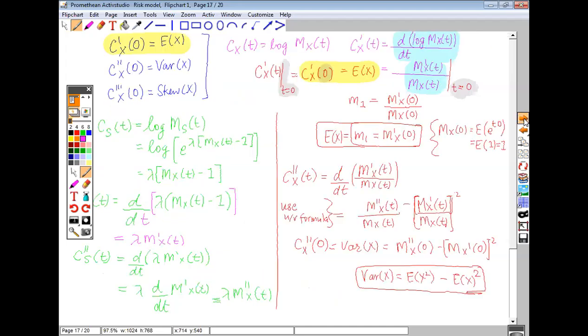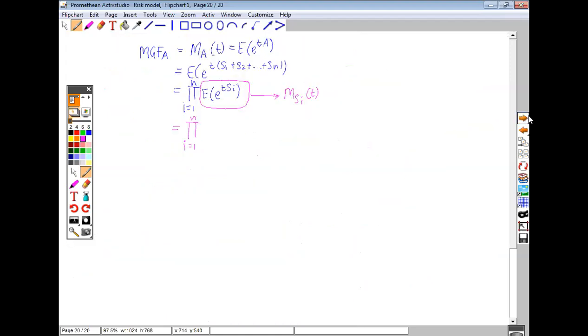So that is the same thing I'm going to write here, because this is exactly what I have: the expectation of e raised to t times Si. The only difference is that we have the subscript i here, because we're looking at various S's.